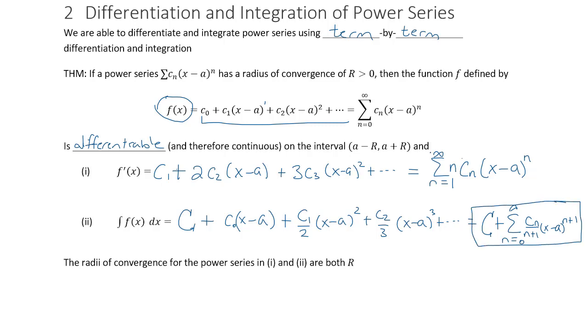And there's my integral of a power series, and there's my derivative of a power series. And again, as I said before, the beauty of it is that the radius of convergence for the power series, in both cases, stays the same. If the interval of convergence was given by the radius up here of r, then the radius down here is going to be r.